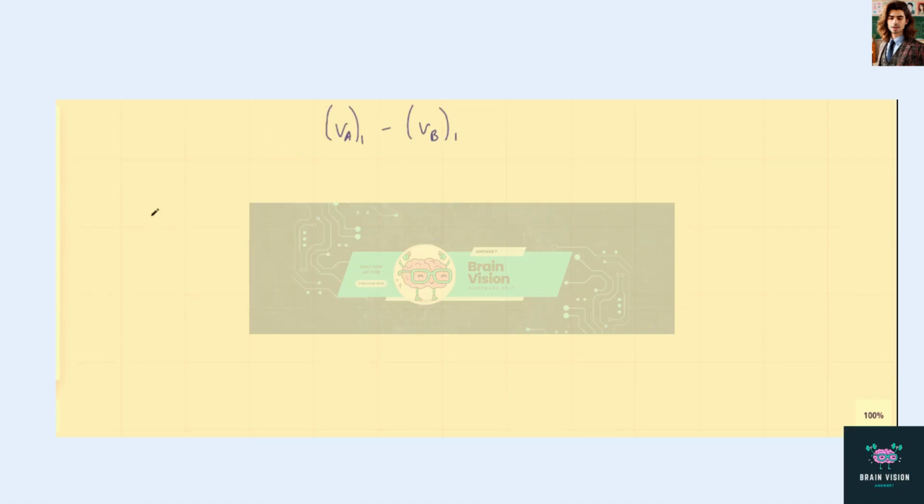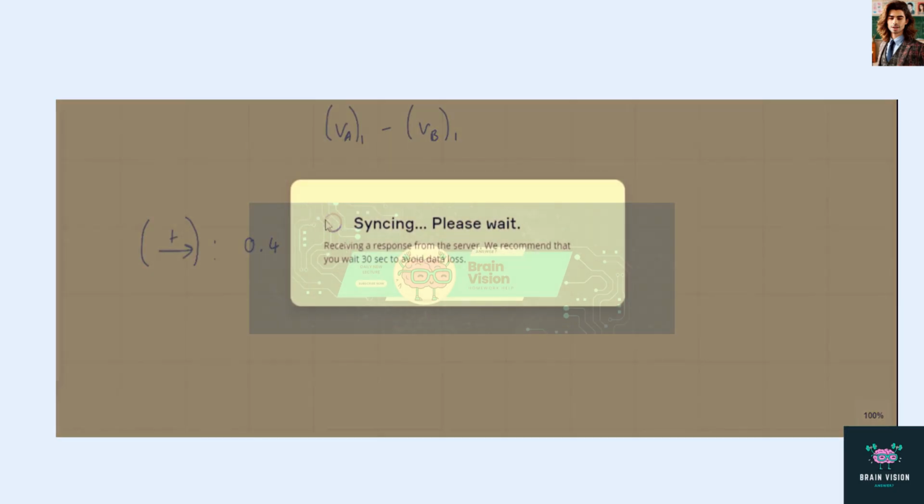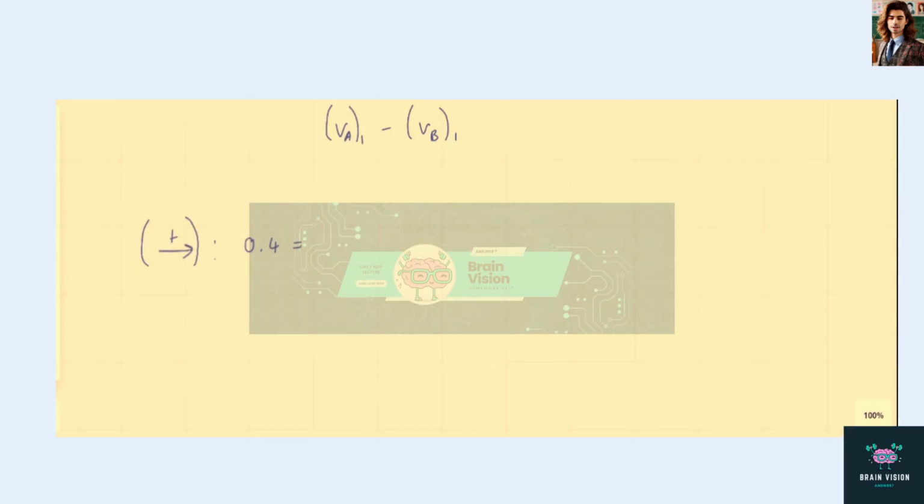And again, we'll take the right direction as positive, and we get this coefficient of restitution, which is given as 0.4, must equal V_B2 minus V_A2 over the initial velocities, 5 minus minus 2. And so we have another expression, equation 2.